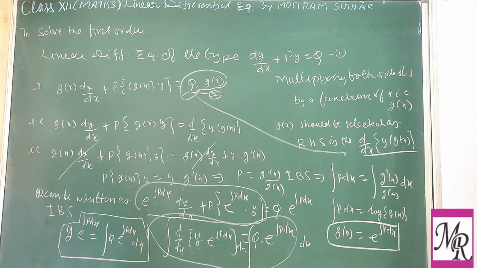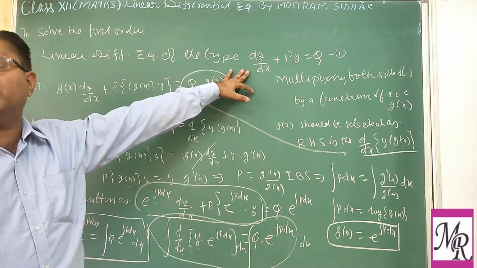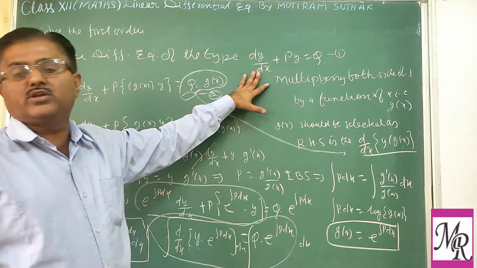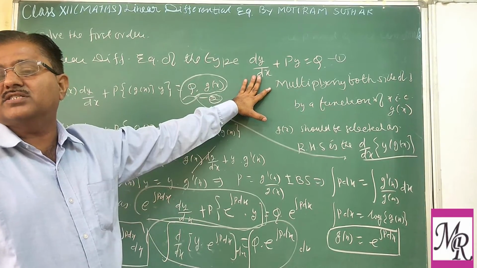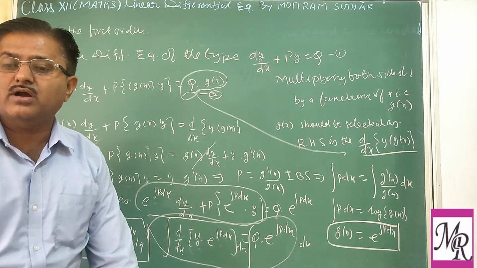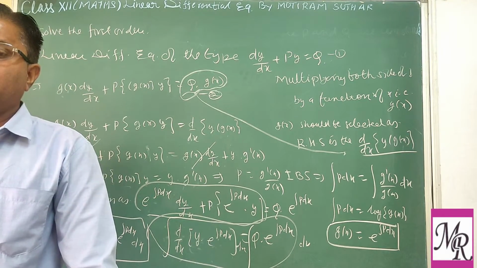Why do we call it the solution? Because as you know, in a differential equation our aim is to remove the derivative and get a function, y equal to something, or a curve y equal to f(x) or any function.